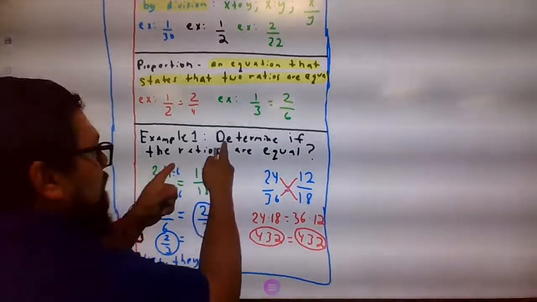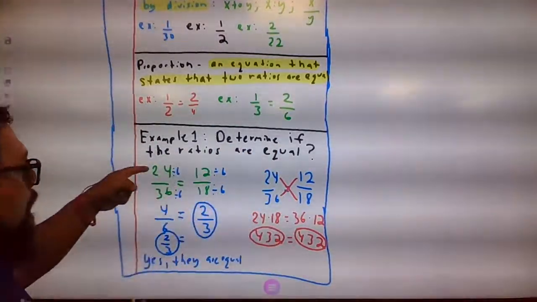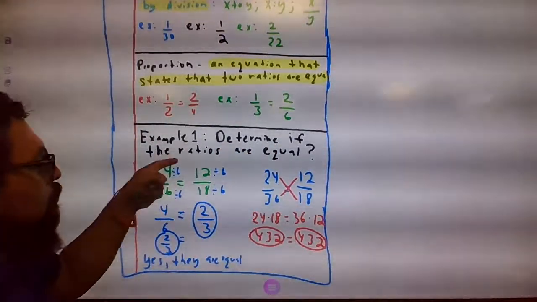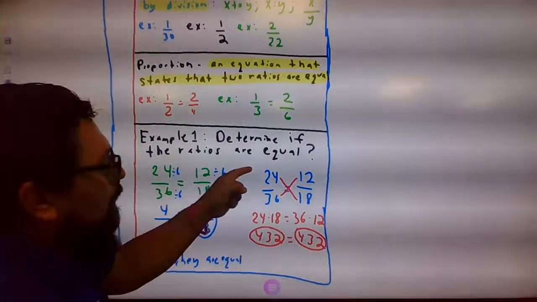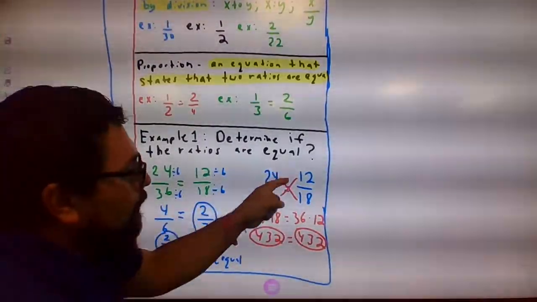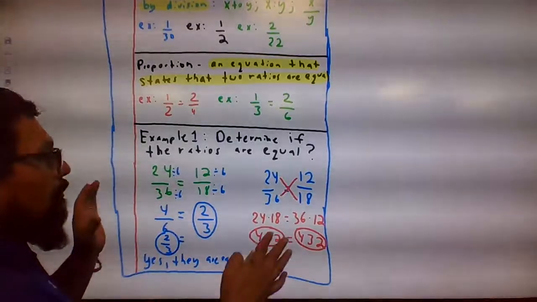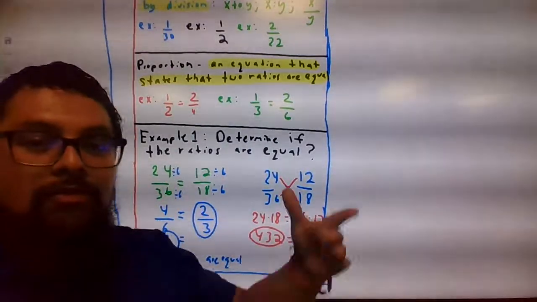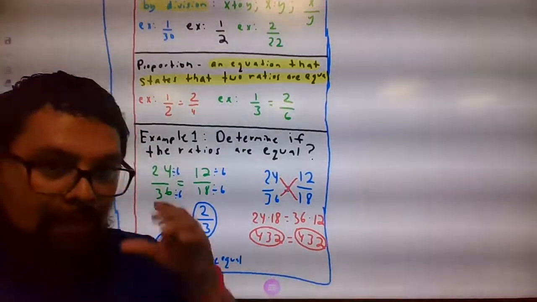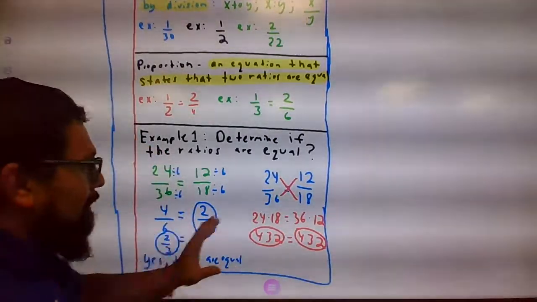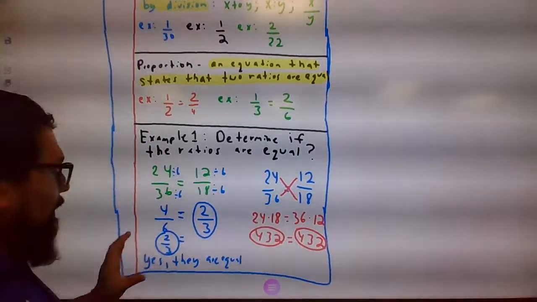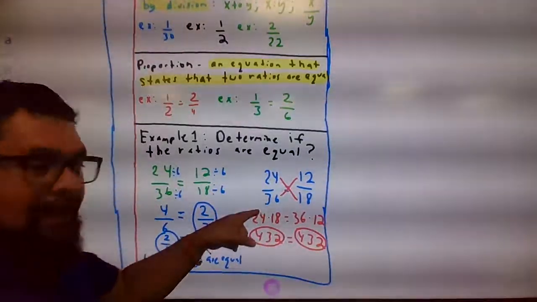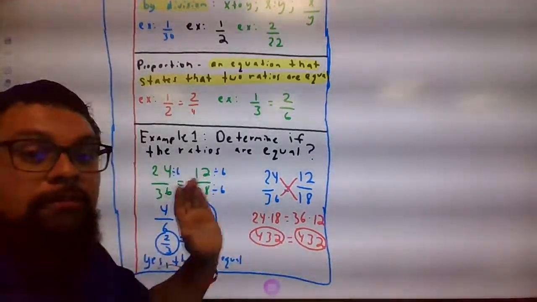So determine if the ratios are equal. 24 to 36 is equal to 12 to 18. You're basically comparing the fractions, but instead of calling them fractions, we're calling them ratios. And this is two ways. The first way is simplifying. The second way is using the cross product rule.